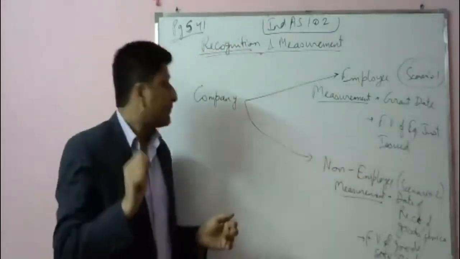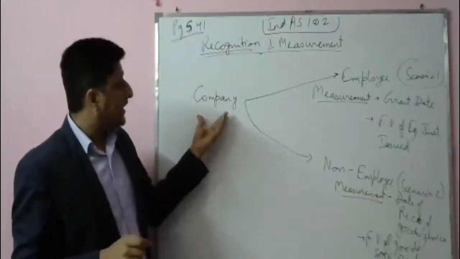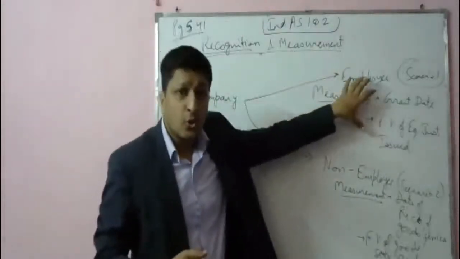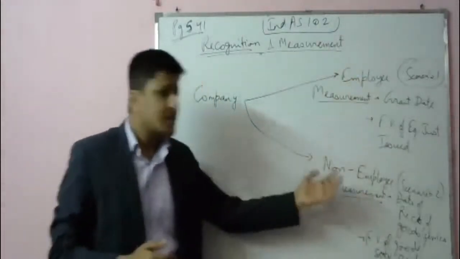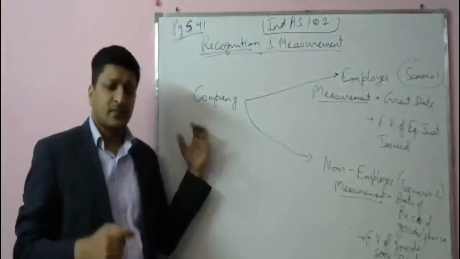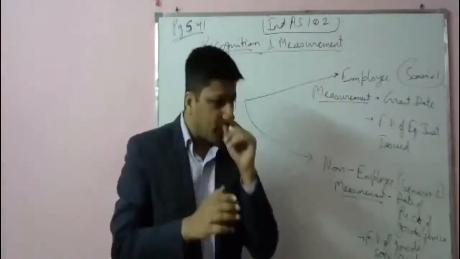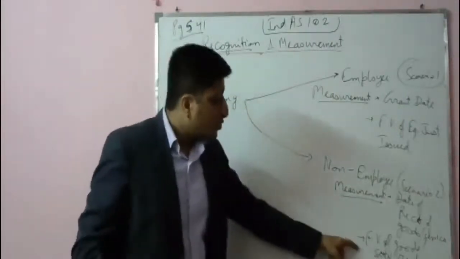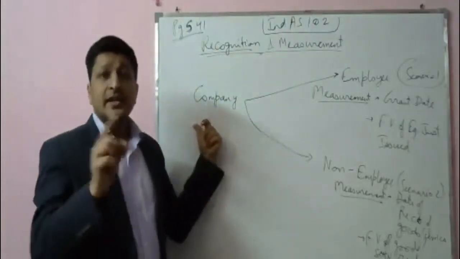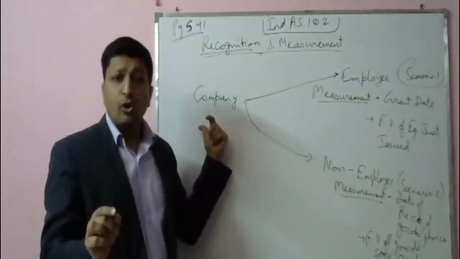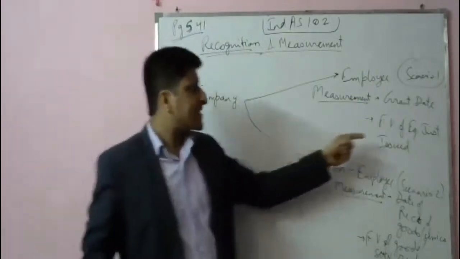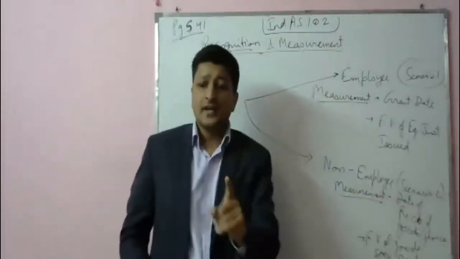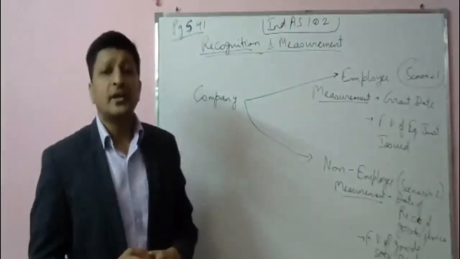See, there are two things. Either you pick up the fair value of equity instruments which company will issue, or you pick up fair value of goods or services which these parties will supply. Standard says in case of an employee, fair valuation of goods or services which the company receives is not reliable, or you can say is less reliable as compared to fair value of equity instruments issued. That's why in case of an employee, what do you need to use?